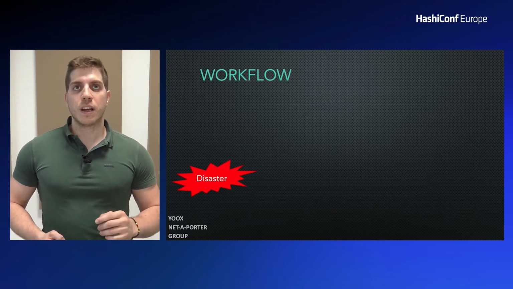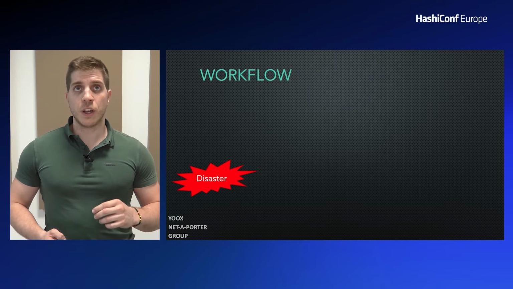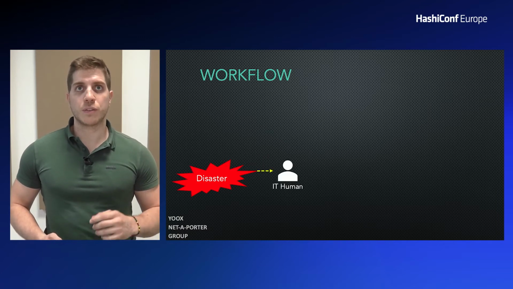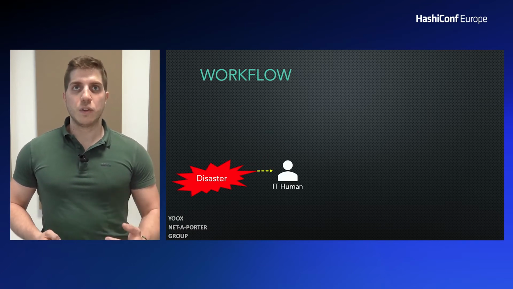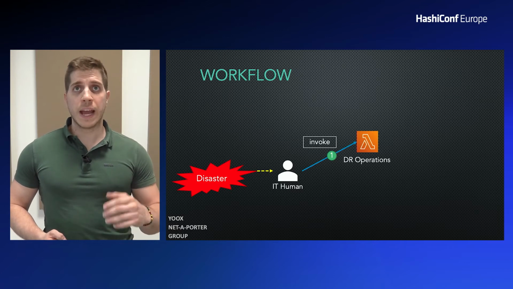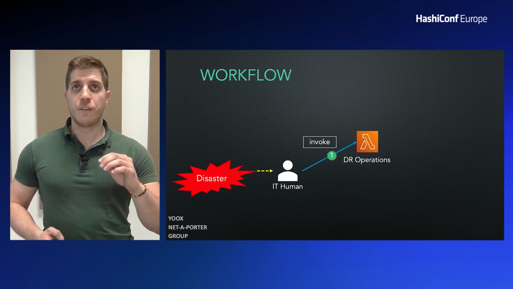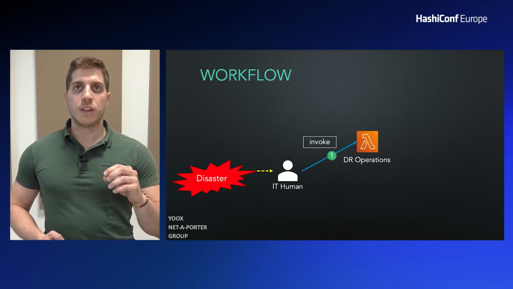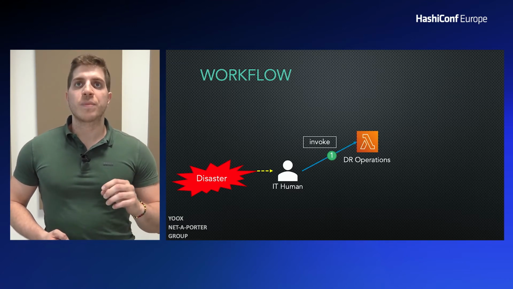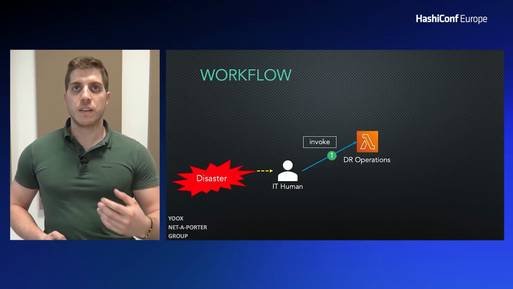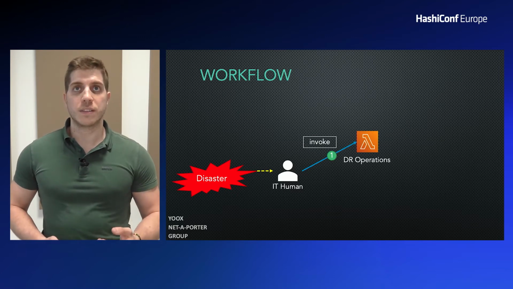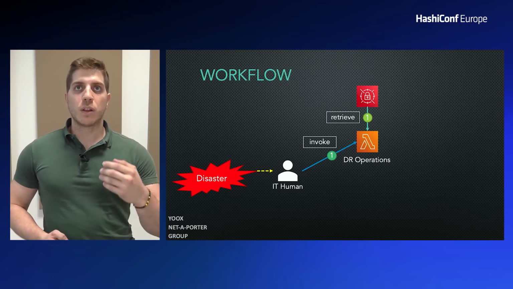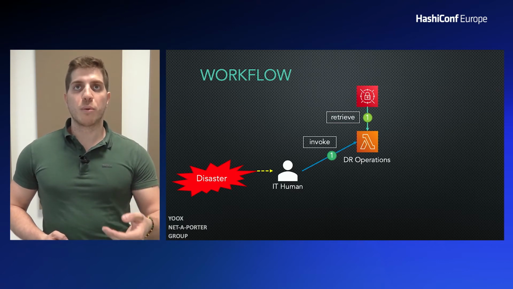Now, let's see what our workflow is in case of a disaster. So, a disaster happens, an IT human is triggered, and we start with the first Lambda in our picture, which we call the DR operations Lambda. The IT human will invoke this Lambda, and this one will retrieve the DR operation token.